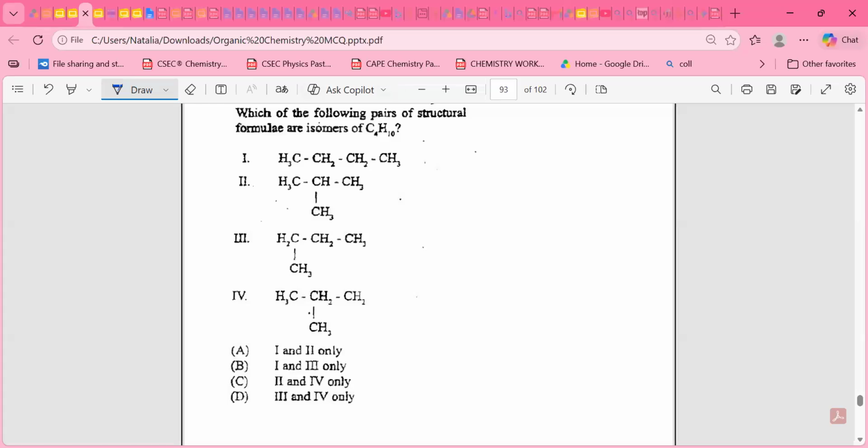So 1 and 2 are isomers, 3 and 2 are isomers, 3 and 4 are isomers, 4 and 1 are isomers. What's the correct combination? A. Yes, ma'am.